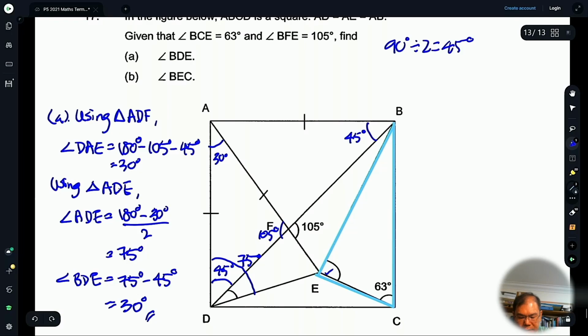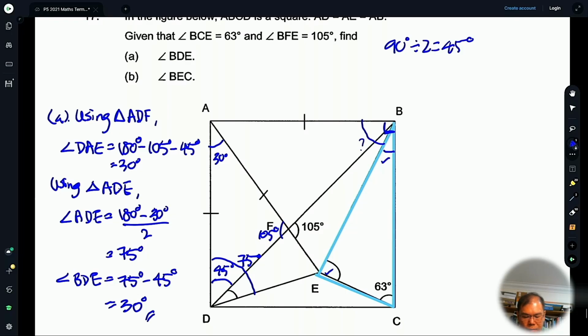If I know this angle here, I can make use of angles in a triangle again. Okay, this is not necessary actually, so I'm going to erase this. If I know this angle here, I just have to take 90 minus this angle to get this one. So how do I find this angle here?